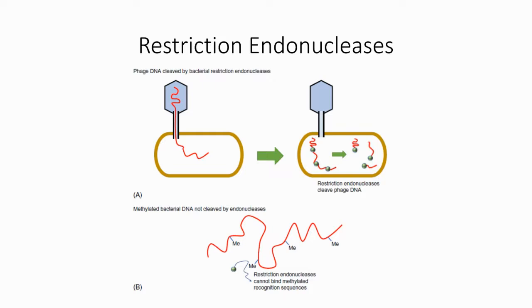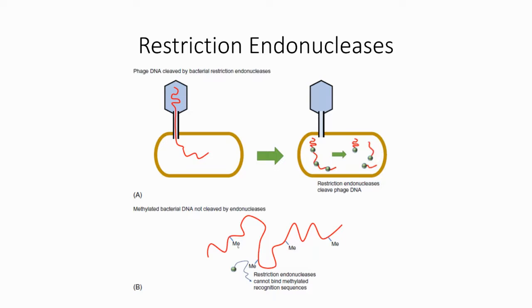That's how the scientists discovered the restriction endonuclease. For example, in the cartoon that you see, the bacteriophage infects the bacteria, then injects its genetic material into the bacterial cell. The restriction enzyme can identify which is the viral DNA and which is the host DNA by specific modification, because the host DNA is methylated but the viral DNA is not methylated.